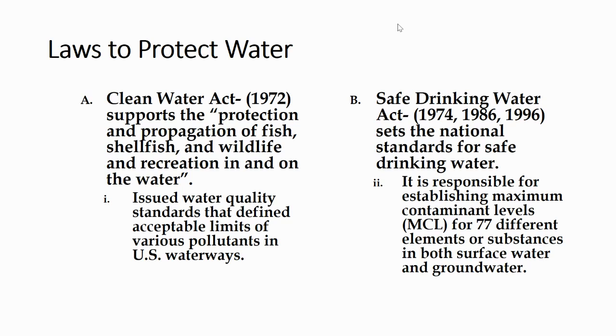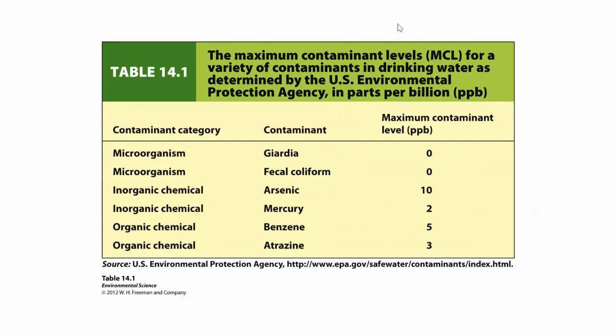While the Safe Drinking Water Act actually sets the national standards for drinking water. So it is responsible for establishing what's called a maximum contaminant level for at least 77 different elements or substances in both surface and groundwater.